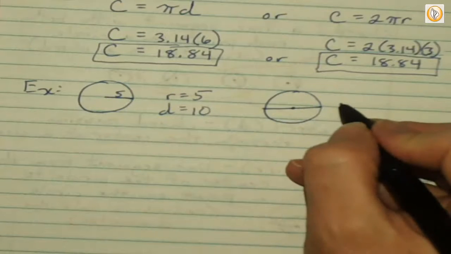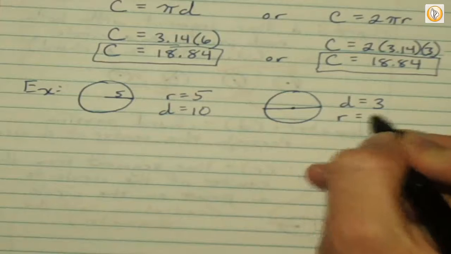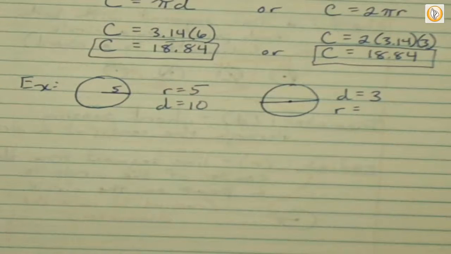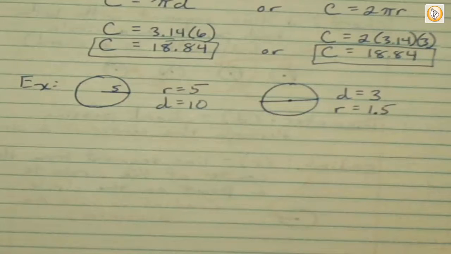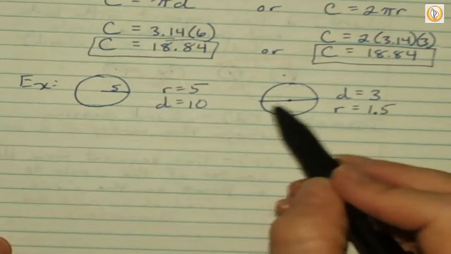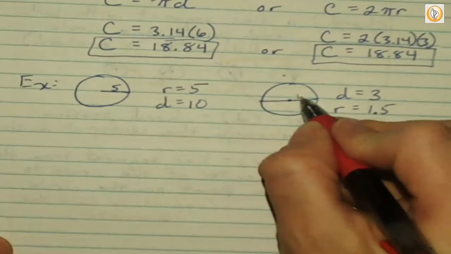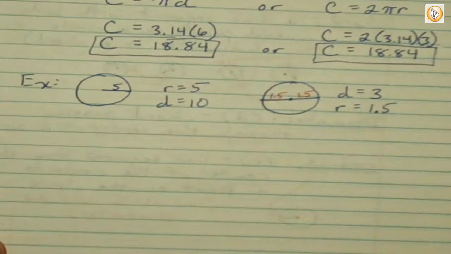What if I say the diameter for this is 3? Michaela, do you know what the radius would be? 1.5. Perfect. Y'all see that? If the diameter is 3, then half of 3 is 1.5. This is 1.5 and this is 1.5.